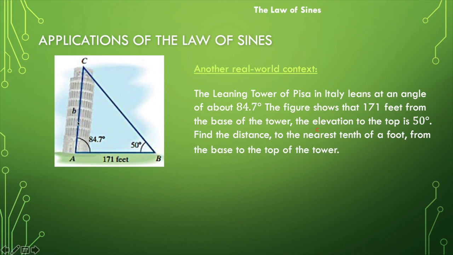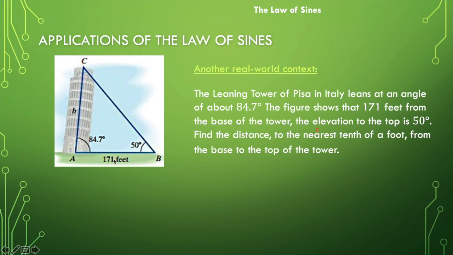All right. Okay, so we can again set up the law of sines. We're going to use the side length B and the angle measure 50 degrees, right? And then we're going to need to find this third angle again, like we did before, so we can put it in a ratio with 171 feet.